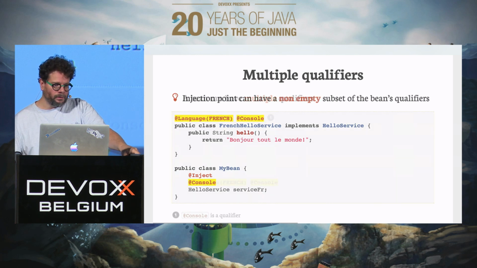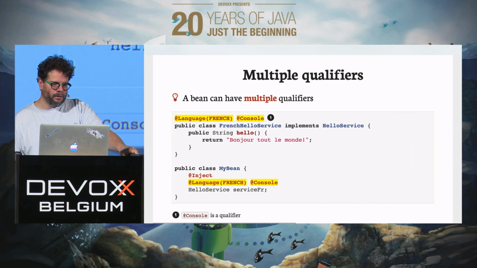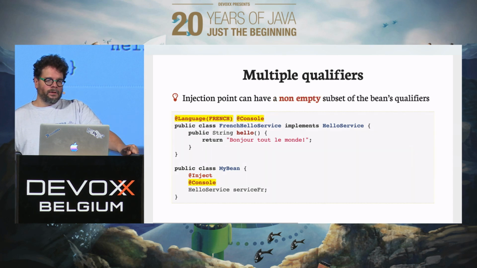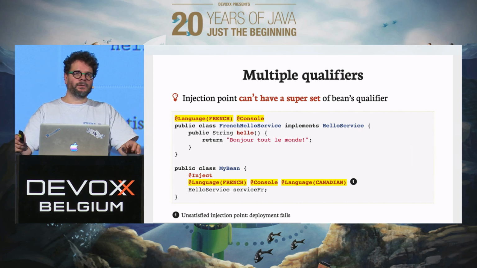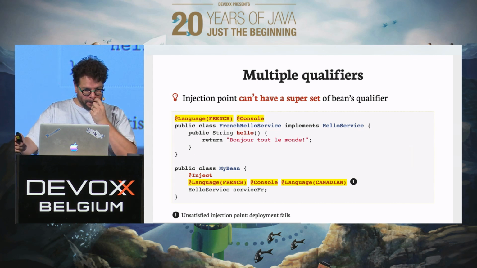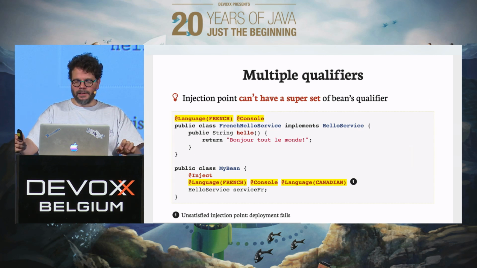Here we have a bin with two qualifiers, @Language French and @Console. I can use both qualifiers at the injection point, it will work. I can use only one qualifier. I cannot use no qualifiers because it's a special use case and it won't work. And I cannot use an injection point with an extra qualifier, as that will be unsatisfied here.